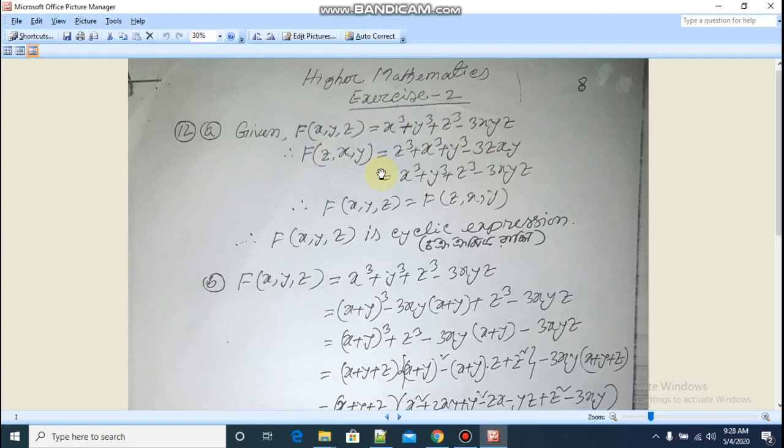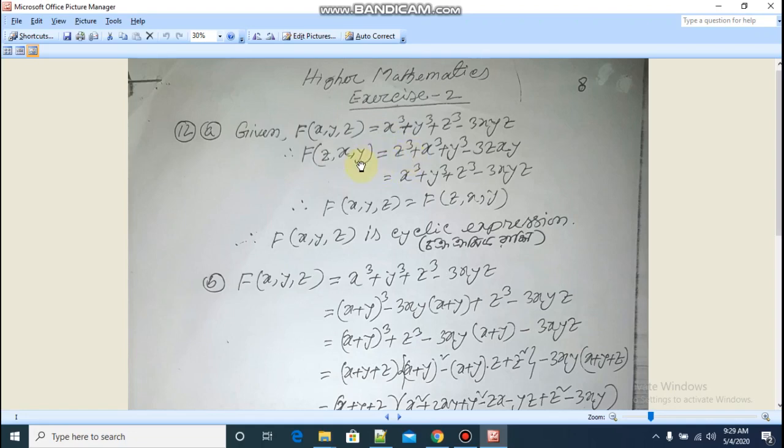A cyclic expression has three variables, and there is a condition for a cyclic expression. If the second variable is replaced by the first variable, the third variable by the second variable, and the first variable by the third variable, then we get a new expression. If the previous expression and the new expression are the same, then we call this a cyclic expression.